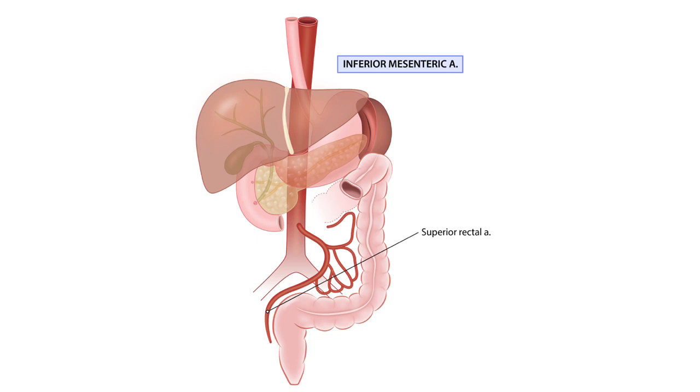So when you suspect a diverticular bleeding, you're going to focus on the inferior mesenteric artery. And if you suspect a right colonic bleeding, like say for example massive bleeding after polypectomy in the right colon, then you focus on the superior mesenteric artery.